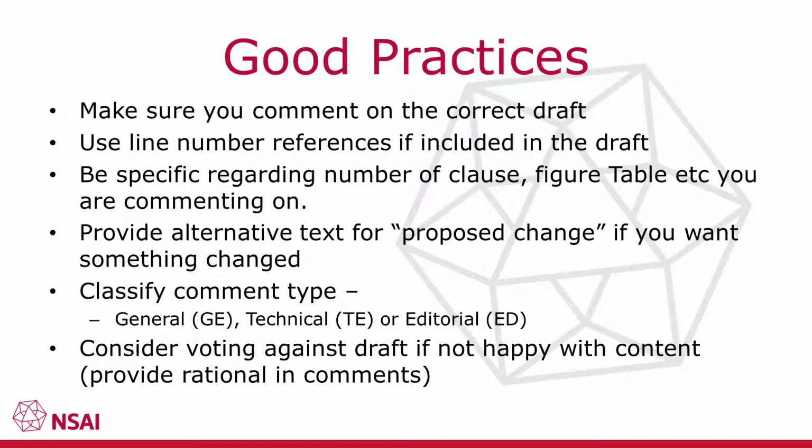Be specific regarding number of clause, figure, table, etc. you are commenting on. Provide alternative text for proposed change if you want something changed. Classify comment type: general GE, technical TE, editorial ED. Consider voting against the draft if not happy with the content. Provide rationale in the comments.